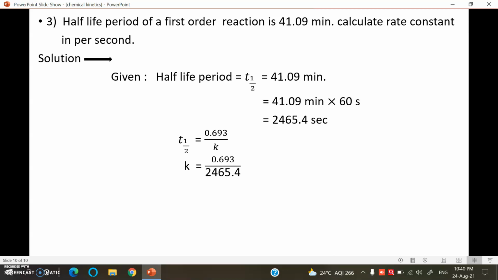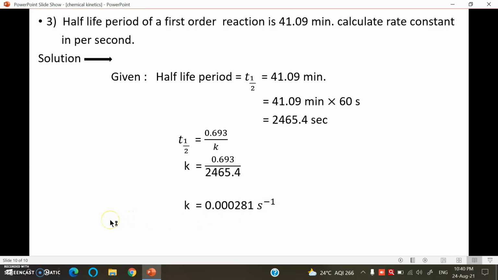So k is equal to 0.693 divided by 2465.4. On solving, we get k is equal to 0.000281 per second.